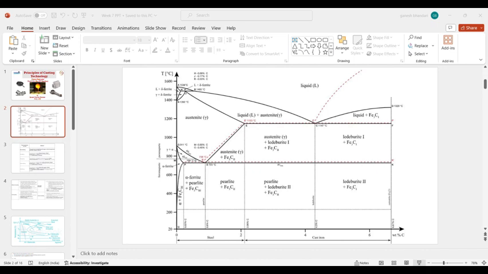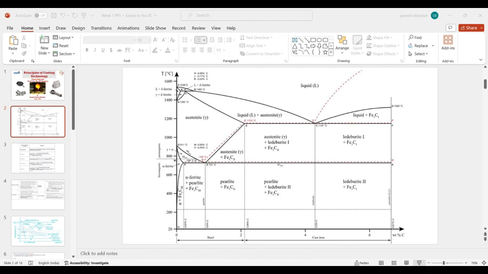When we talk about the lower critical temperature, here we can see there are two lines. One line is from G to S, the other line is from P to S. The upper critical temperature is the line G to S, and S to E. After the upper critical temperature, your phase is going to convert into austenite.